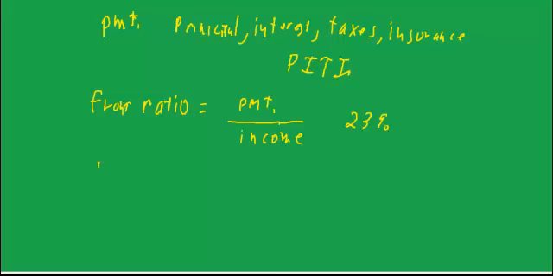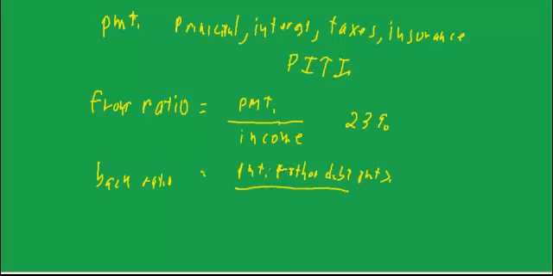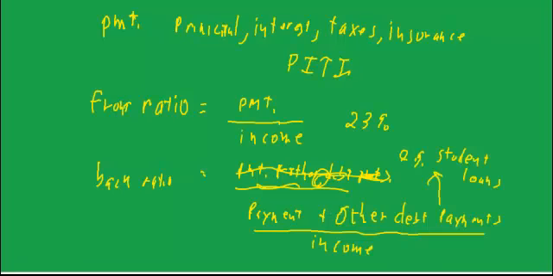And then there's something called a back ratio, which adds in the payment plus other debt payments. So let's say you had a student loan. Sorry, I'm not writing this very clearly. It says other debt payments. Payment plus other debt payments, divided by income.